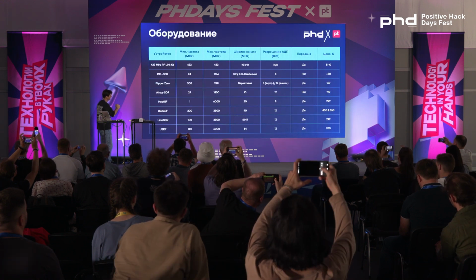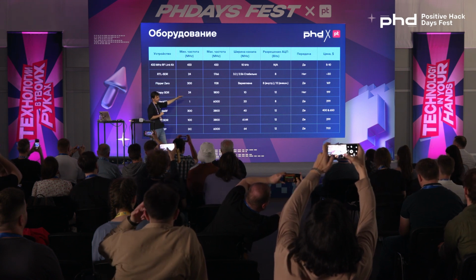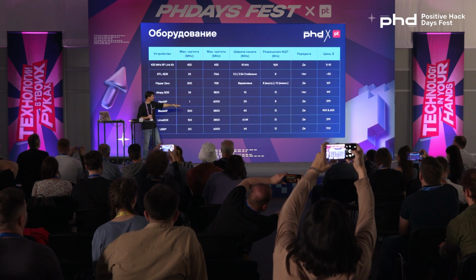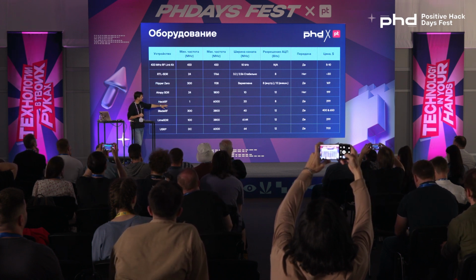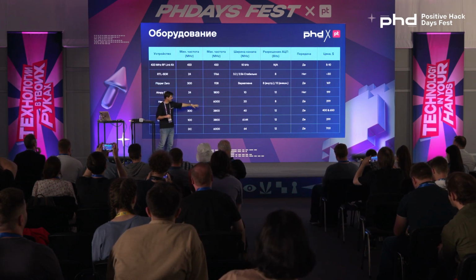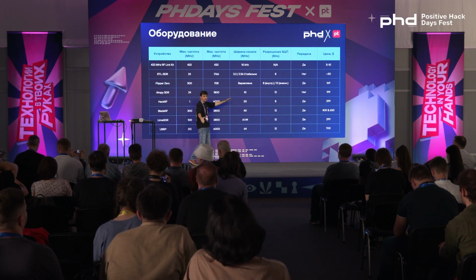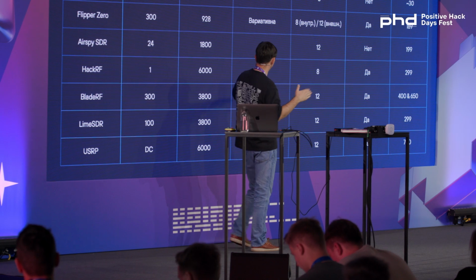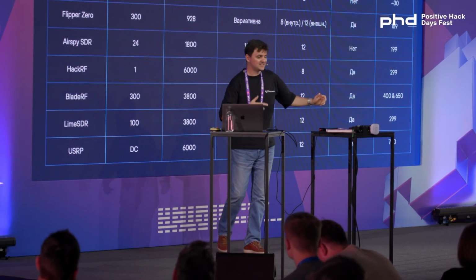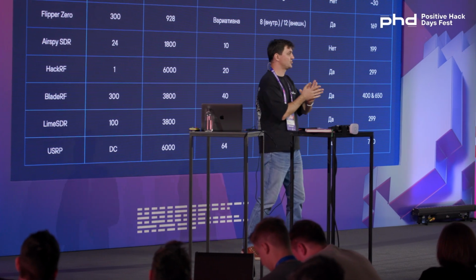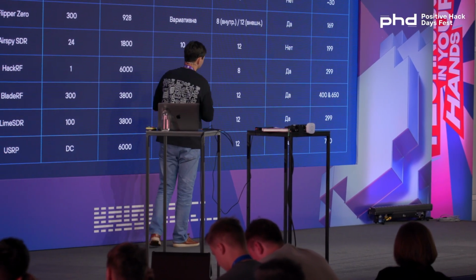This is a chart where you can define the minimum and the maximum frequency to be used, from 1 megahertz to 600 megahertz. Width of a channel, what is the range that you can use to analyze the radio environment.